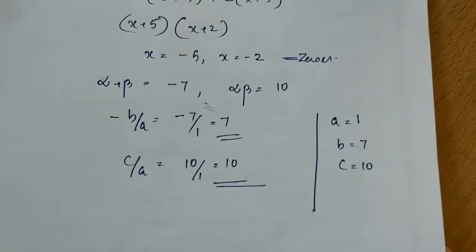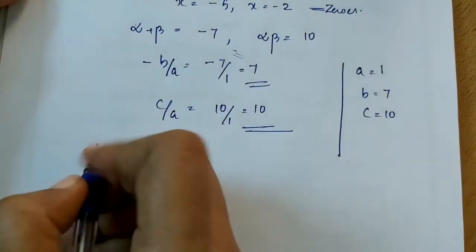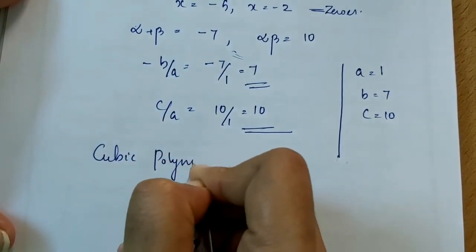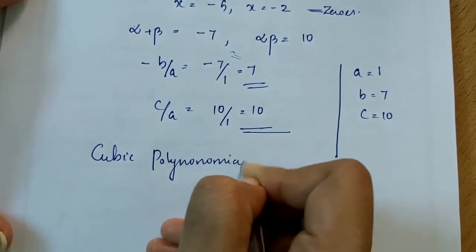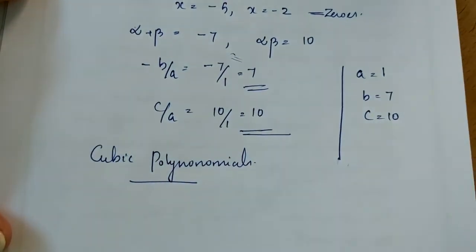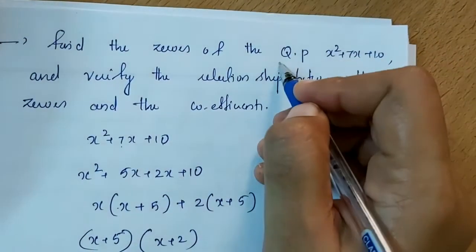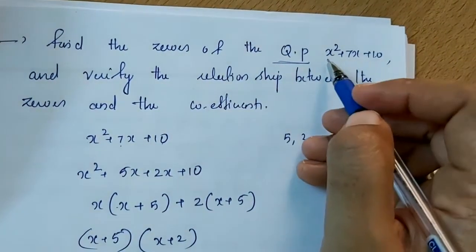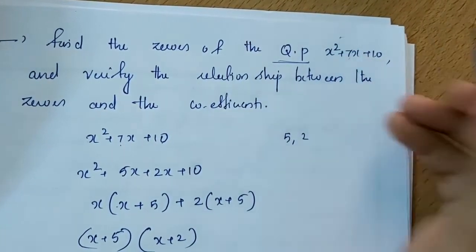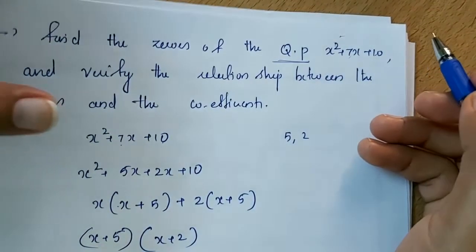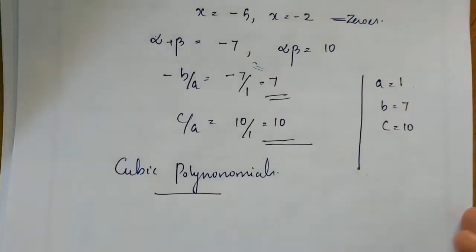Let's go to another section, that is cubic polynomials. Previously we discussed the relationship between zeros and coefficients in a quadratic polynomial. What is a quadratic polynomial? The highest power is 2. For cubic polynomials, the highest power is 3.